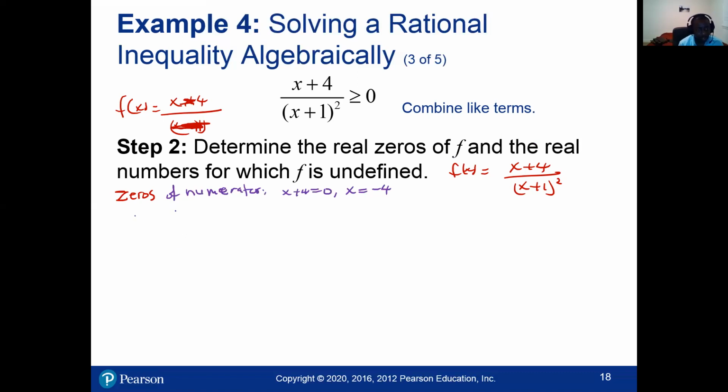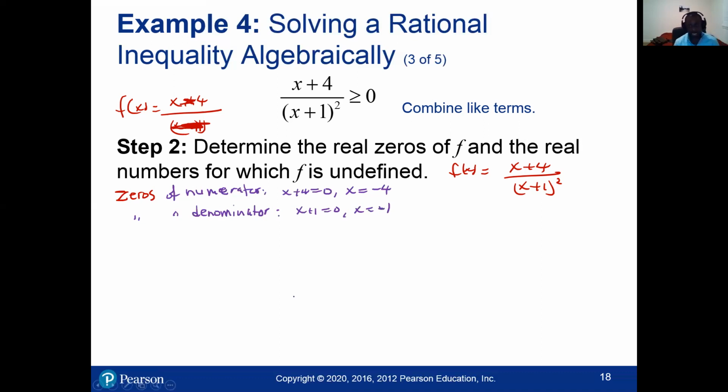And then the zeros of the denominator, which is x plus 1 equals 0, and so x is equal to negative 1.